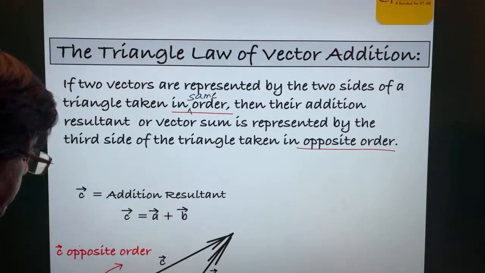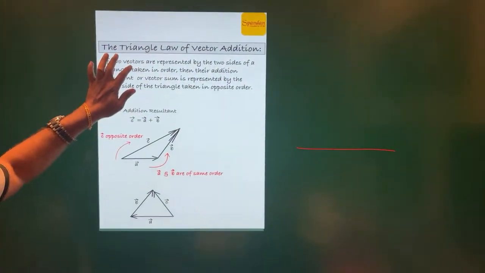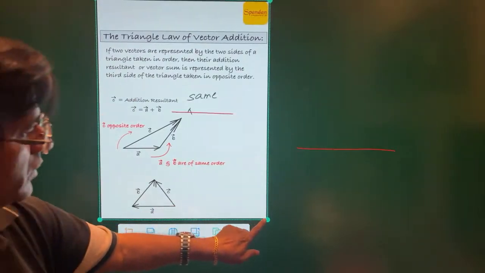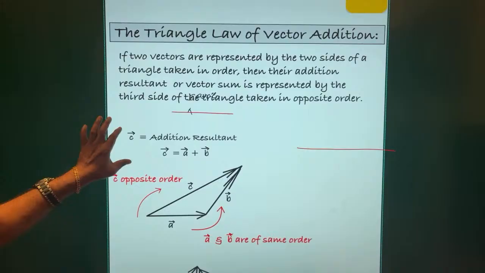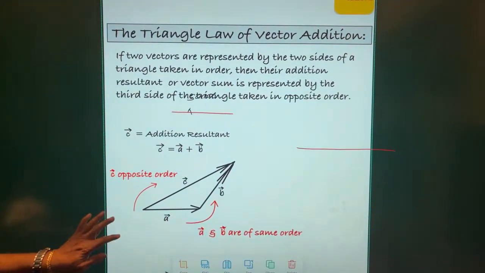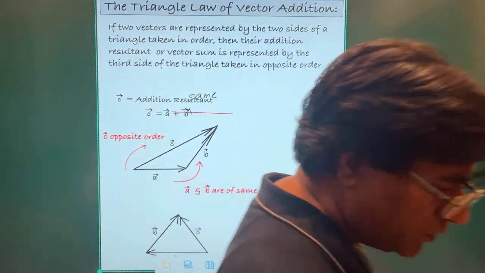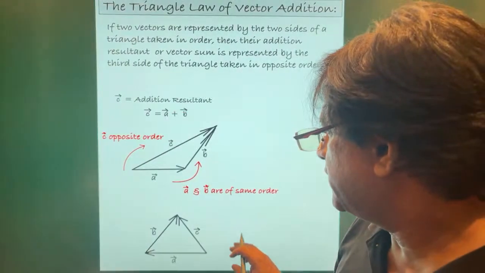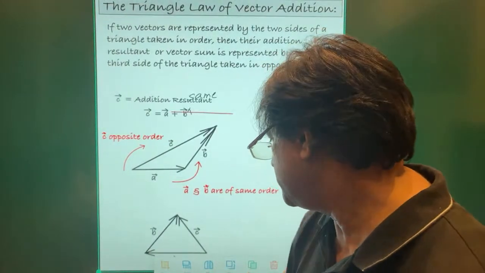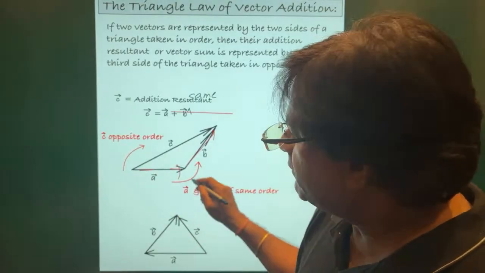So suppose we are taking two vectors A and B, and we are adding these two.